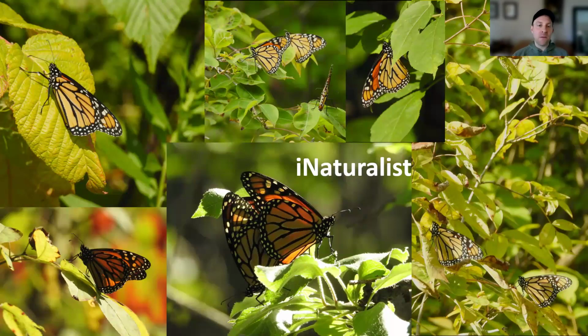So if you're not already, I would encourage you to track all of your sightings and post your photos onto iNaturalist. There is a special monarch butterfly project on there. You can search. I believe that's the best way for citizen scientists in this region to get involved in monarch butterfly observations.